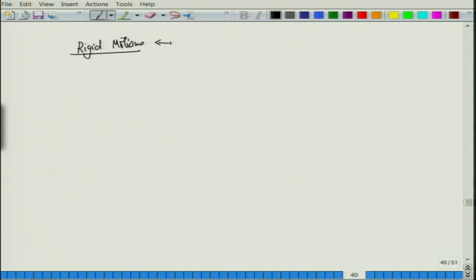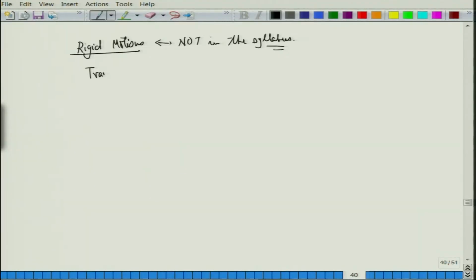Not in the syllabus, but you need to understand that rigid motion means you are trying to move one object to the other object. So if you look at R3, the movements that you would like to have are what are called translations, and then it turns out to be reflection and rotations.